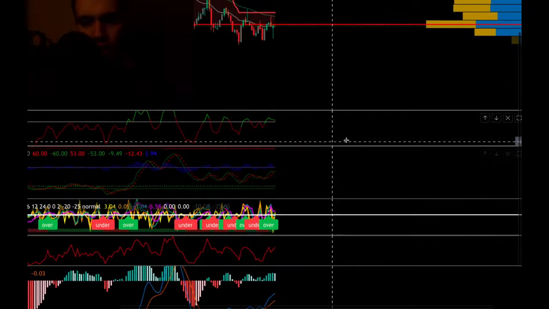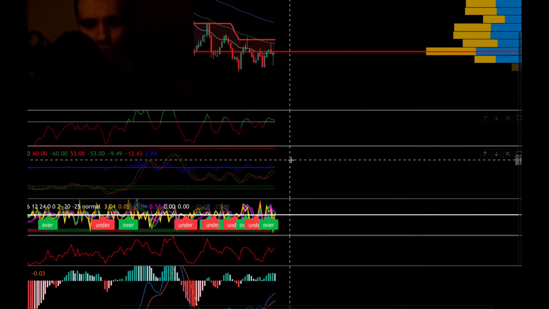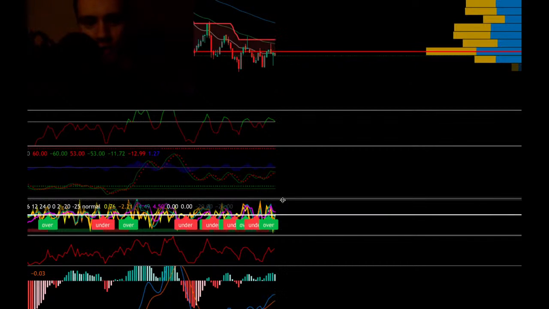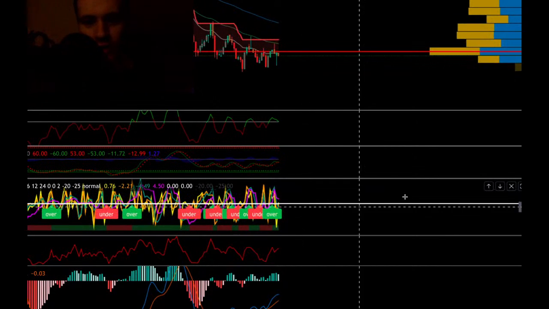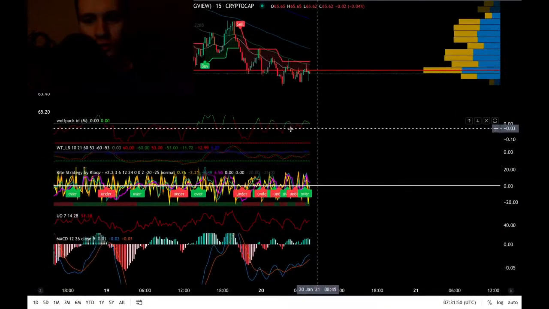Yeah, I mean, we're just kind of losing a little bit of momentum right now. We're oversold? Are you sure, RSI? Fake RSI? Rainbow RSI? Are you sure we're oversold?